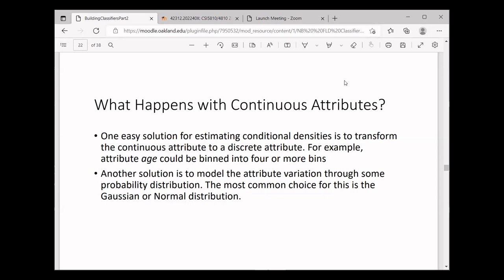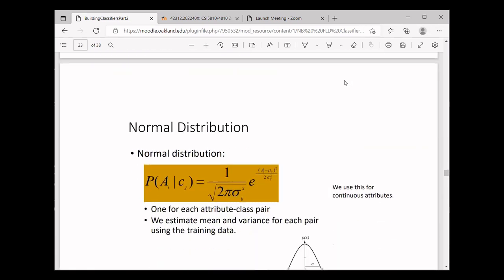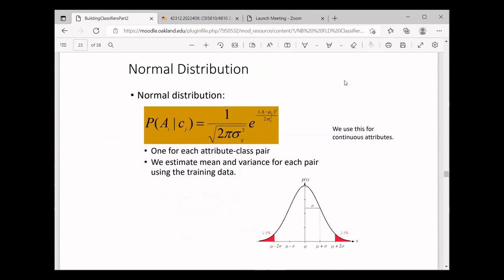But a better approach is to basically make use of some underlying distribution function to calculate those probabilities. So the underlying distribution function that typically people use will be normal distribution or the Gaussian distribution.